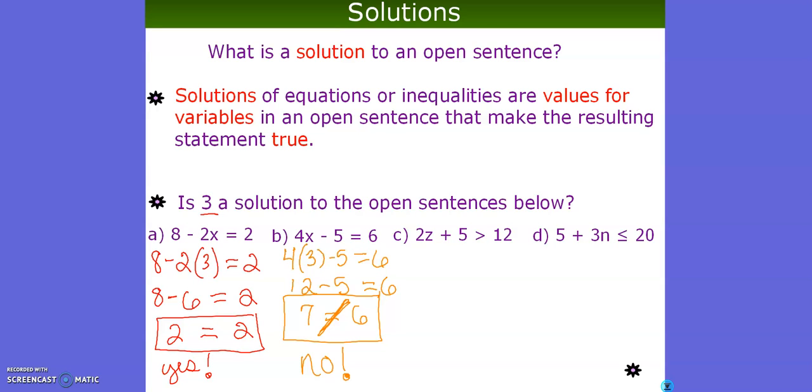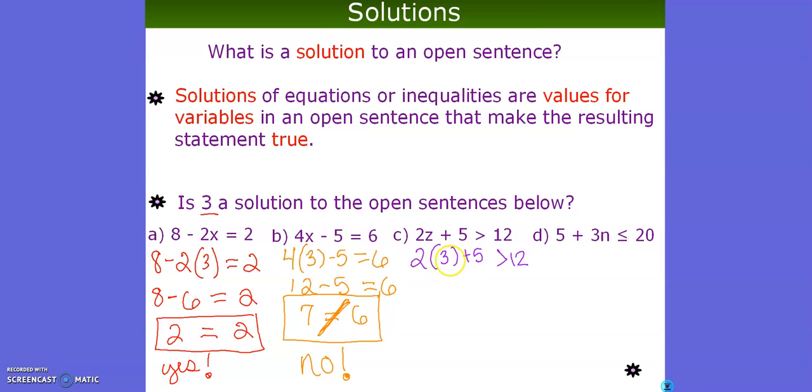Let's go ahead and look at the next one. The next one is an inequality. So I have 2z plus 5 is greater than 12. Make sure you know those symbols. I'm going to go ahead and say 2, plug in 3, plus 5 should be greater than 12.